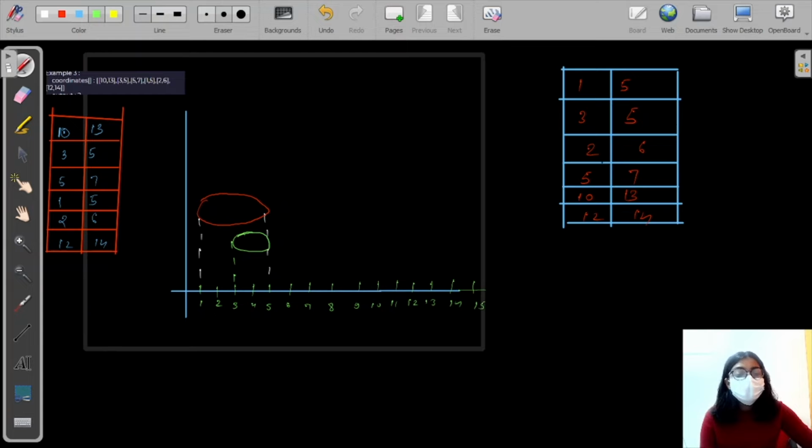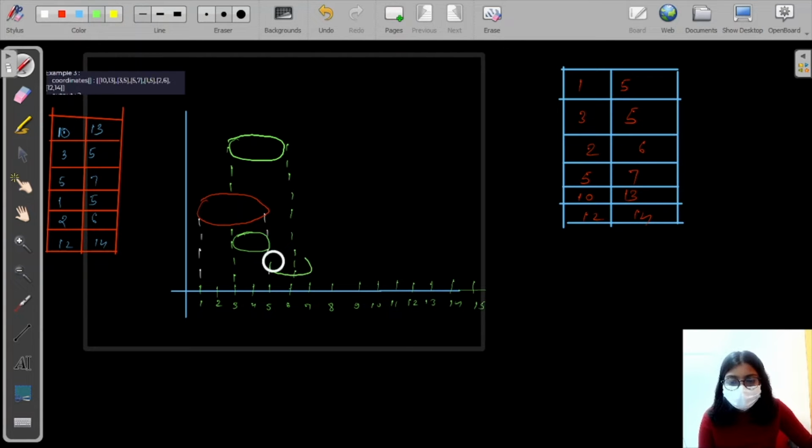Right. Now then there is another balloon which is from 2 to 6. From 2 to 6, there is another balloon. Then from 5 to 7 there is another balloon.